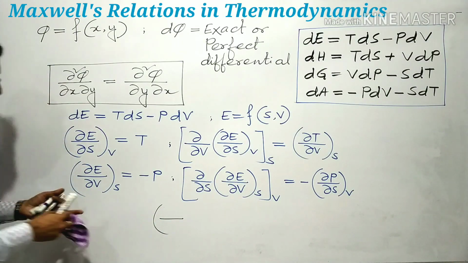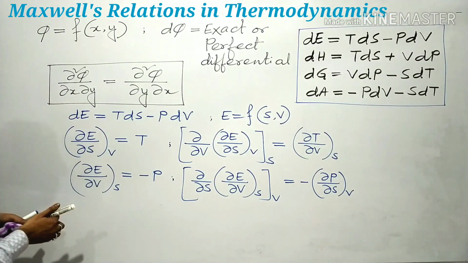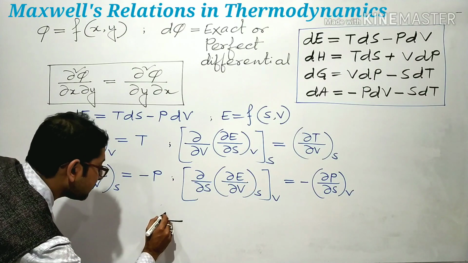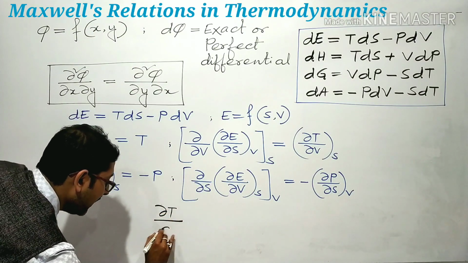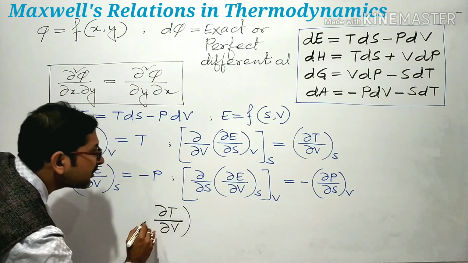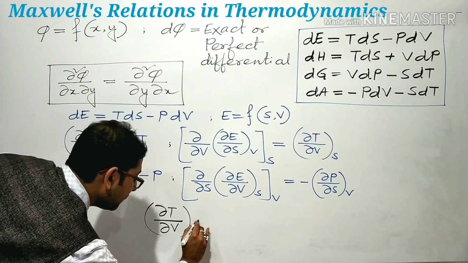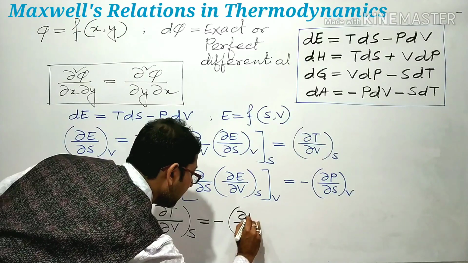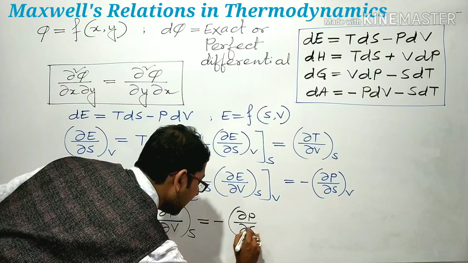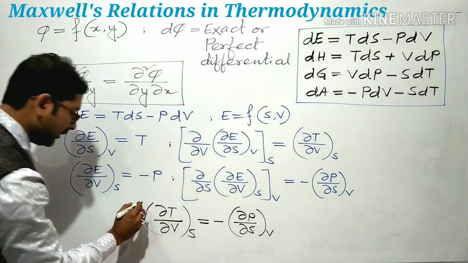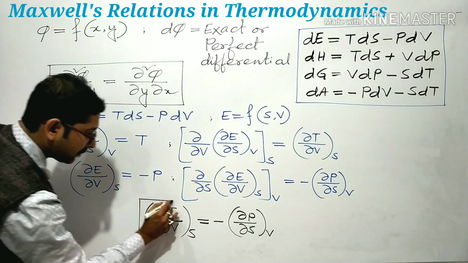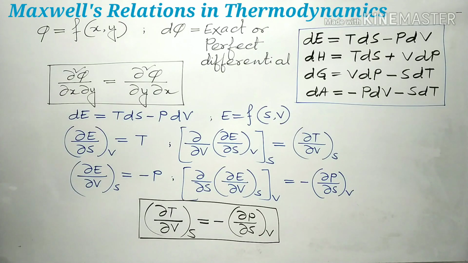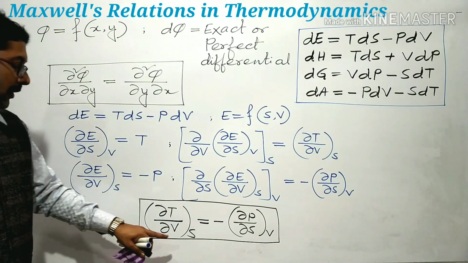The relation is del T del V at constant S equal to minus del P del S at constant V. This one is known as the first Maxwell relation.